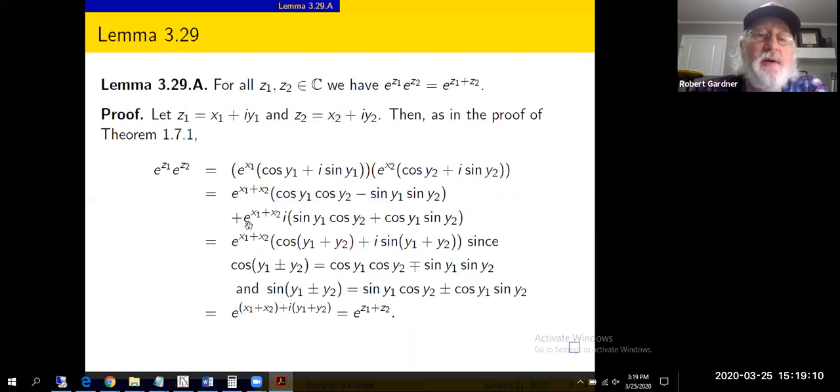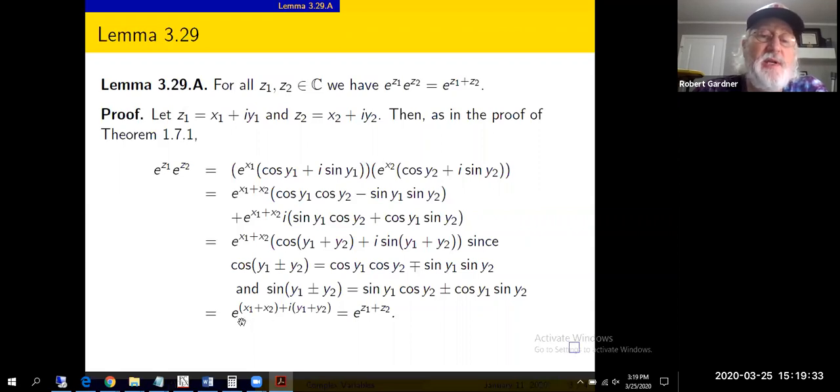And e to the x1 plus x2 is common to these, so we can factor that out. That leaves us with cosine of y1 plus y2 plus i sine of y1 plus y2. This we can express now using the definition of the exponential function again.